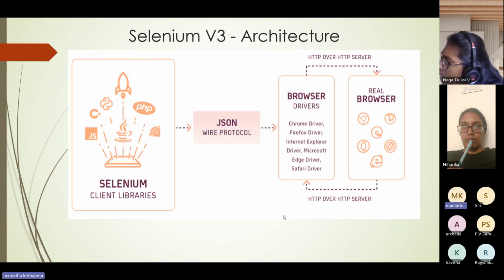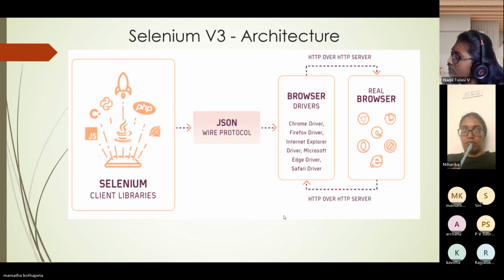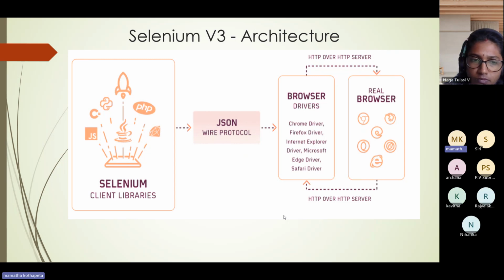Because of this, W3C came into the picture, where they came up with WebDriver protocols, and all the modern browsers were streamlined by this process. All the commands and instructions coming from the client, or from your local machine, were standardized, and proper data optimization happened. The data is handled properly, and that results in faster and more reliable automation testing.